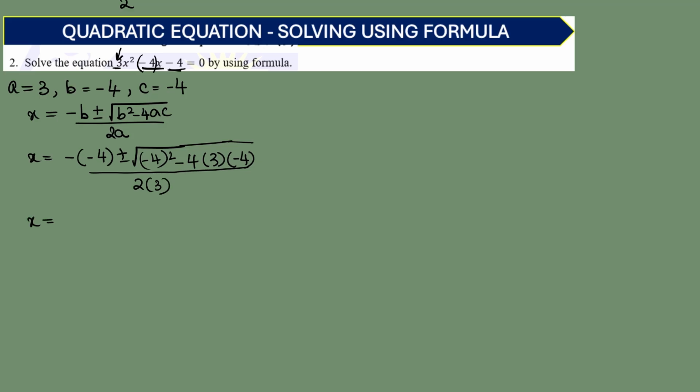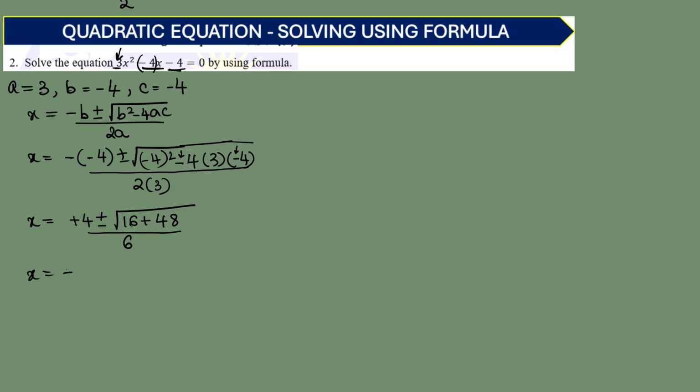So what is the value of x? X is plus 4, minus of minus is plus, plus minus under root of, what is minus 4 the whole square? 16. Minus into this minus is plus. 4 4s are 16, 16 3s are 48 upon 2 3s are 6.